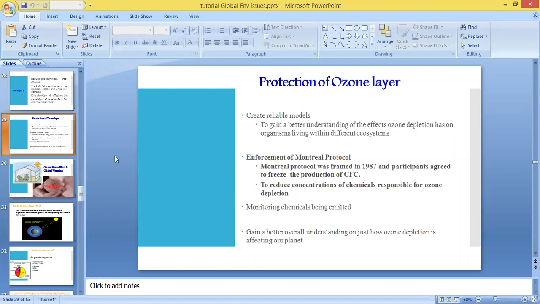If you reduce the production of CFC, then in turn it will directly affect the protection of the ozone layer. Reduce the concentrations of chemicals responsible for ozone depletion, monitor chemicals being emitted, and gain a better overall understanding of just how ozone depletion is affecting our planet.